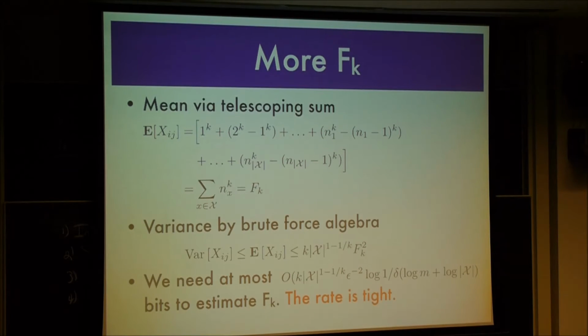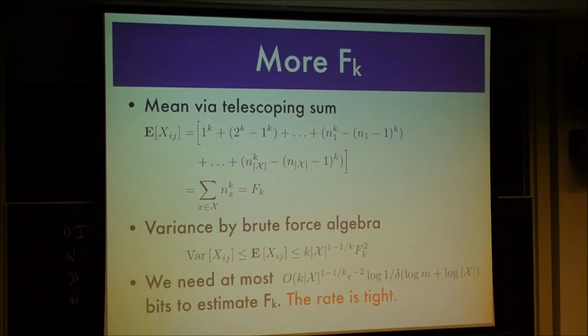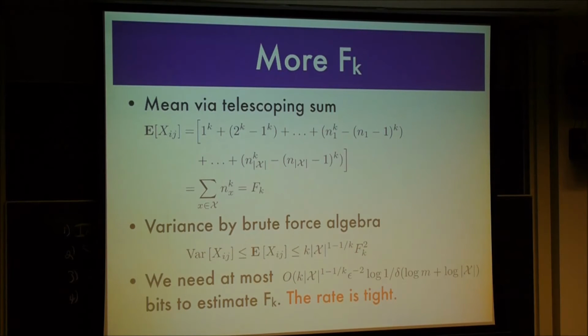The downside of this approach, and you would have already guessed that by just looking at it, is these terms can be huge, and the variance is actually quite monstrous. So if you look at it, the variance basically goes like f_k squared times the size of the alphabet. So it's ugly.